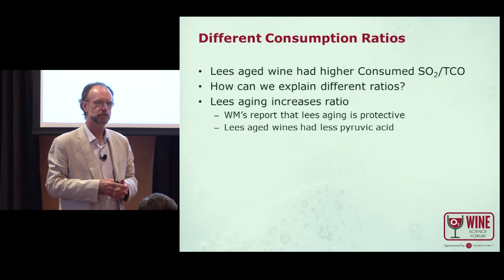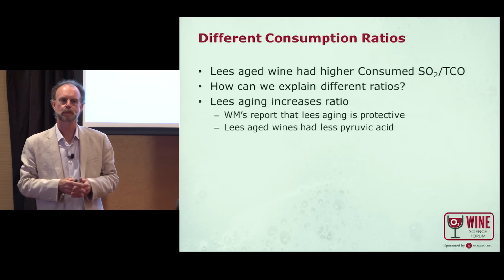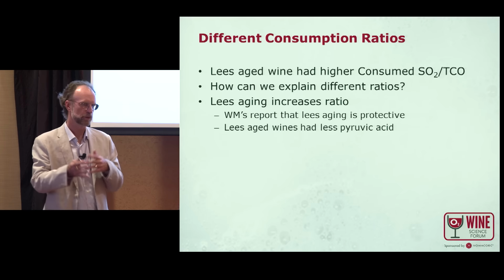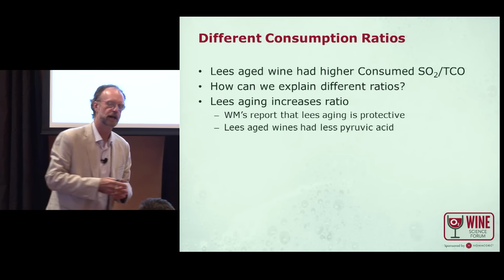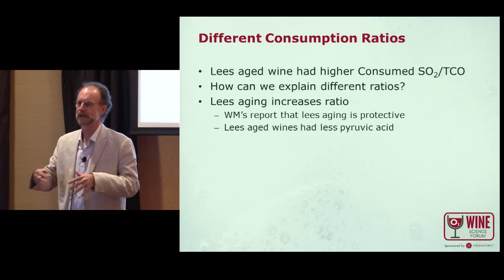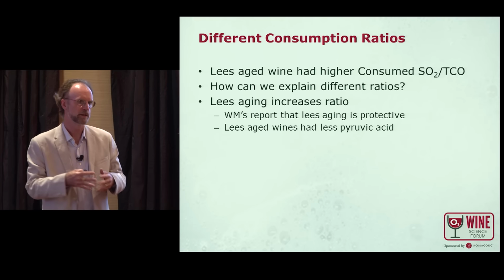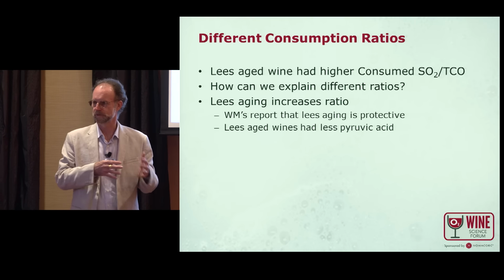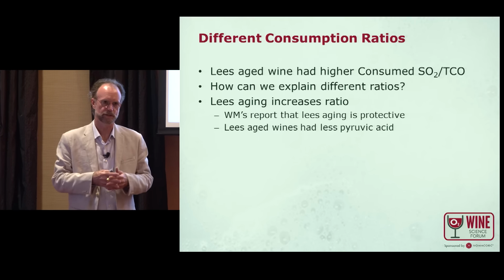This was kind of surprising. I did talk to a few winemakers about this, and maybe you can comment on this. I've heard people say that if I age my wine in barrel on lees, it doesn't oxidize as much after the fact, that it's somehow protected.